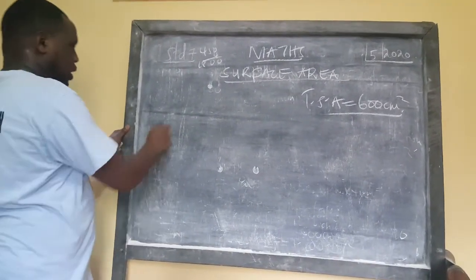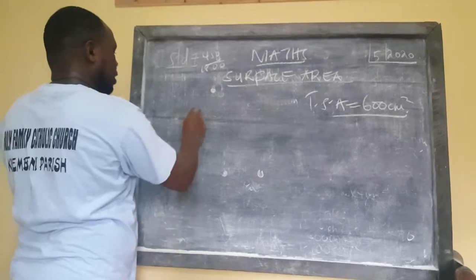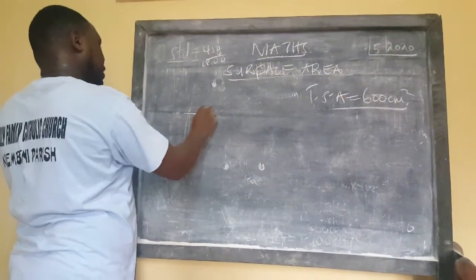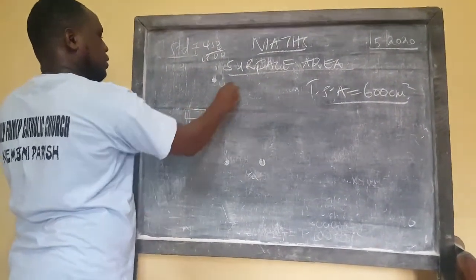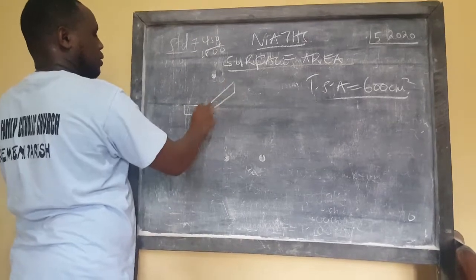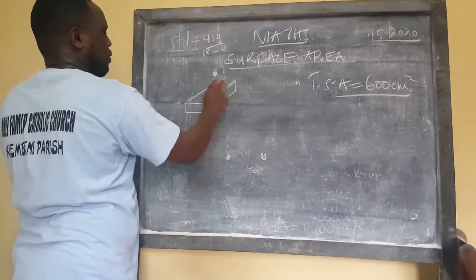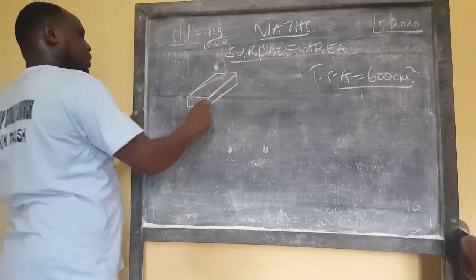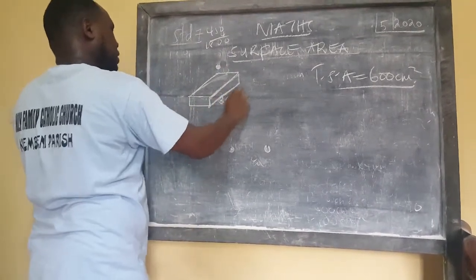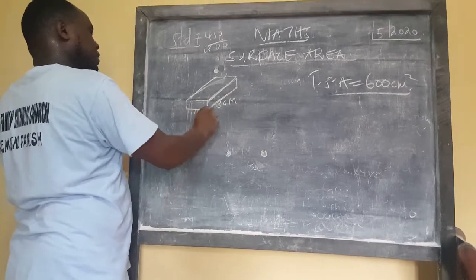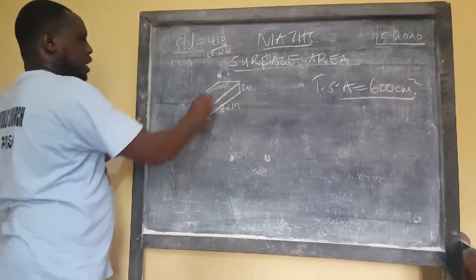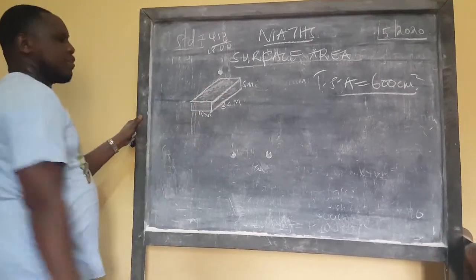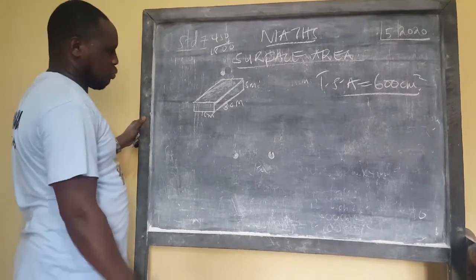So the last one, in terms of the closed one, can have something like this. This is going to be 30 meters by 15 meters by 5 meters. And you ask, find the total surface area of that closed cuboid.